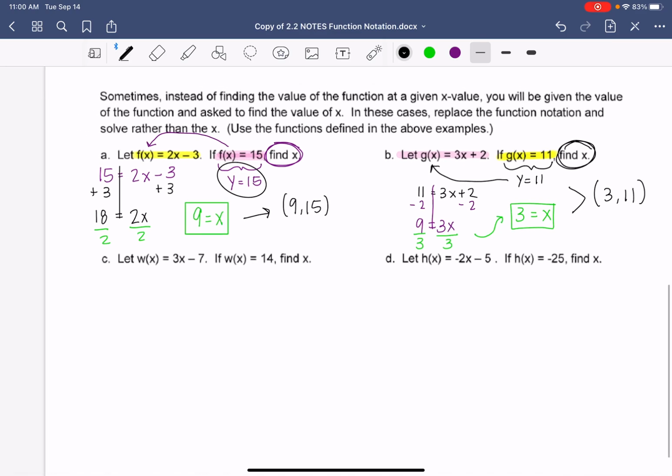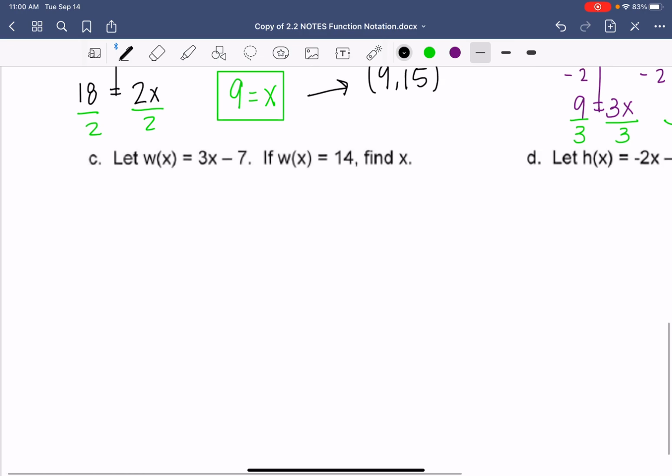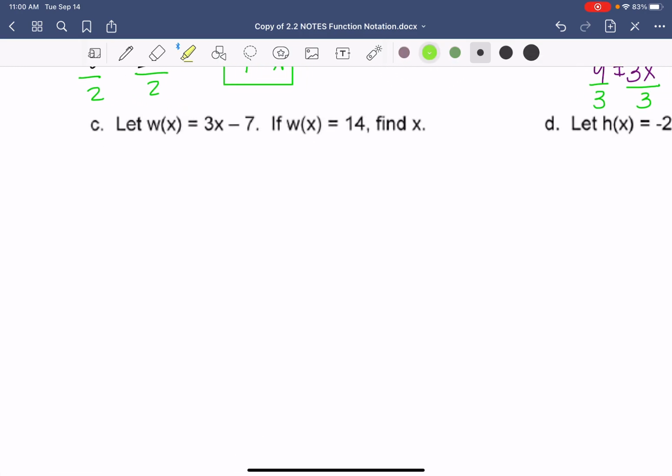All right, I'm going to do one more just because I know how confusing this can get. Okay, so let W equal 3x minus 7, where W of x equals 14. So this means, again, y equals 14. So I'm going to plug in 14 here. If there was a number in this parentheses here, that's when I would plug in for x, but there isn't. It tells me that this whole thing equals a number, so I must plug that number in wherever there's a W of x.